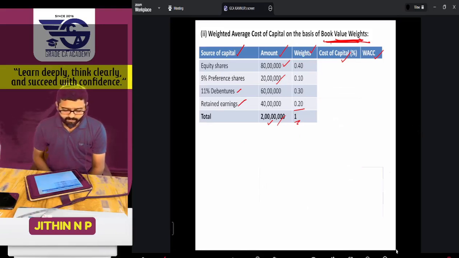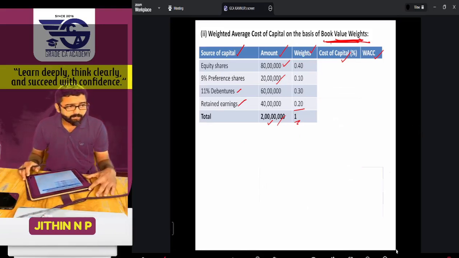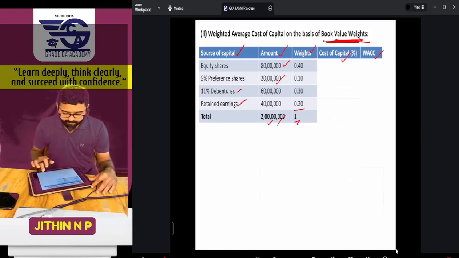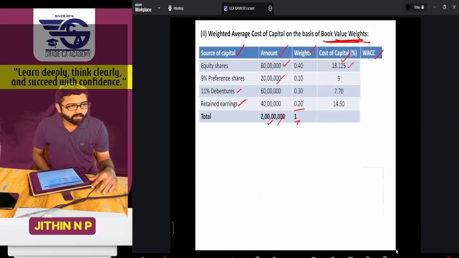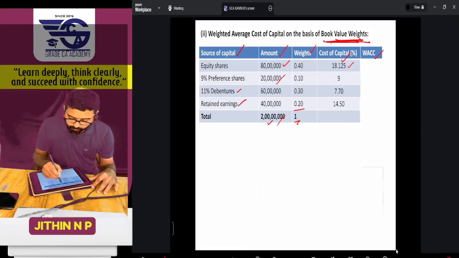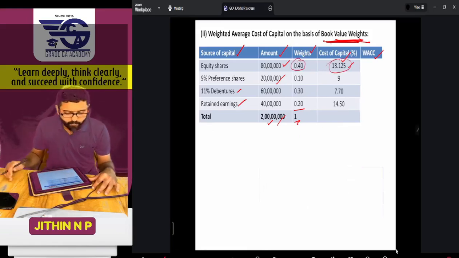Then cost of capital. What is K? K is 18.125. 9% preference shares, debentures 7.7, retained earnings 14.5. Clear? 0.4 into 18.125.